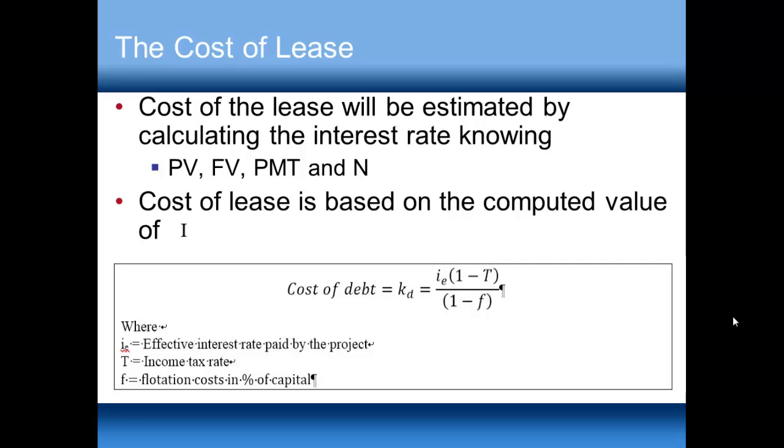That includes capital, it includes interest, but it is fully deductible and it's paid as one sum. We're going to base our cost of capital for leasing on this interest rate by doing I multiplied by 1 minus T, which is the tax rate, divided by 1 minus F if there are any flotation costs.